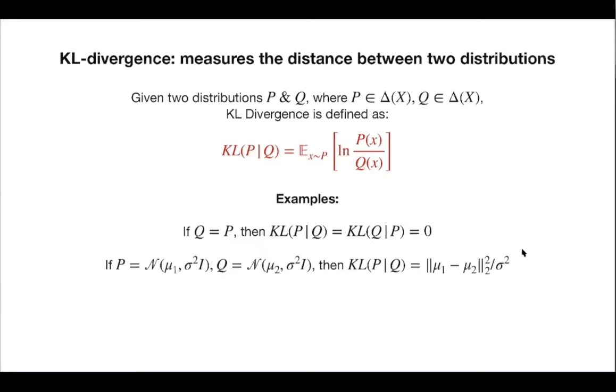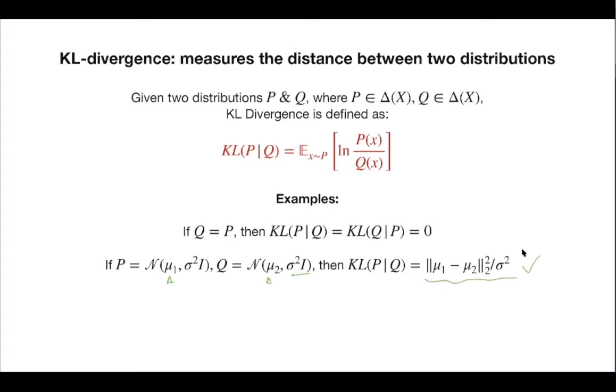Let's look at a more concrete example. Let's say P is a Gaussian distribution with mean mu1 and covariance matrix sigma squared times identity. And let's say Q is another Gaussian distribution with a different mean mu2, but the same covariance matrix sigma squared times identity. We can literally plug the Gaussian distribution formulation into the KL divergence and simplify the expression, and we will get a pretty simple expression.